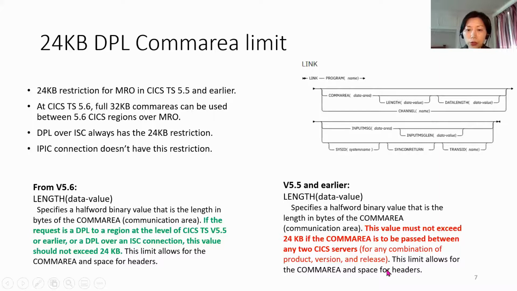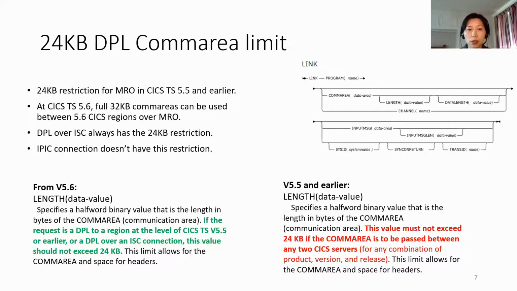On the screen on the right-hand side, for version 5.5 and earlier, we have this text in the length parameter saying this value must not exceed 24 kilobytes if the Commarea is passed between two CICS servers, for any combination of product version and release.